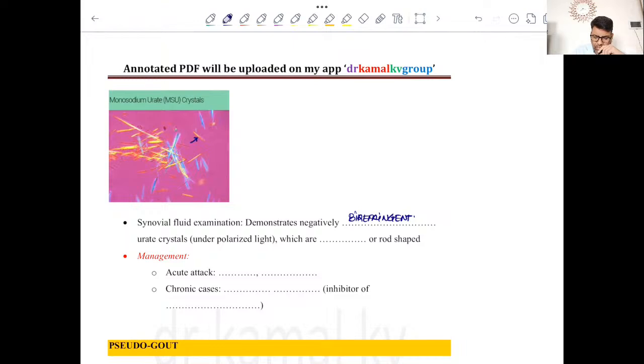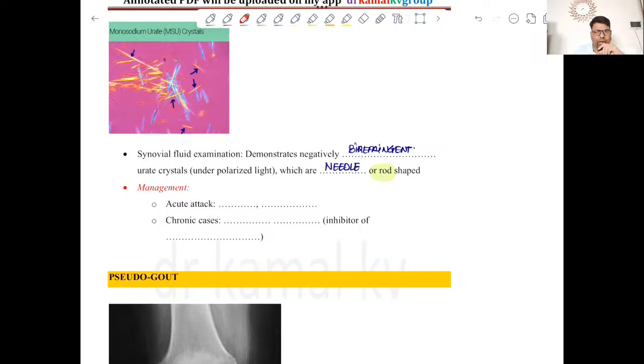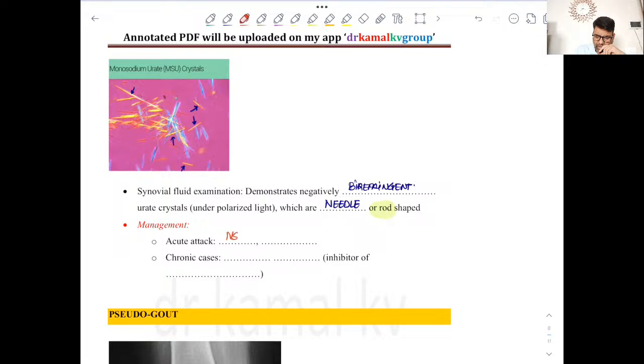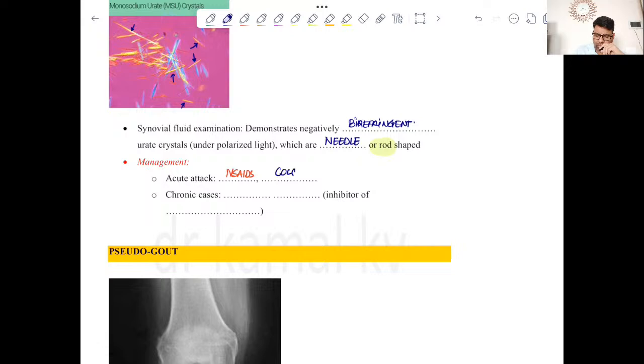These are all urate crystals which are negatively birefringent, and if you look at the shape, these are needle shaped, pointed on both the ends. So needle, or you can say rod shaped. Okay, so very easy to identify under polarized light. Now for acute attacks, you can give painkillers, NSAIDs, that is non-steroidal anti-inflammatory drugs, or you can give colchicine.